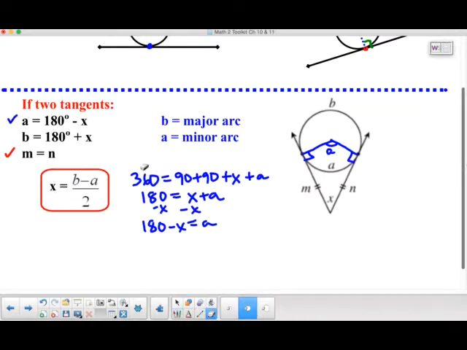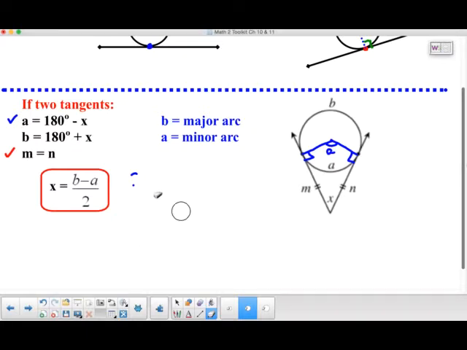So let's talk about the second one. Where does this whole idea of B equals 180 plus x come from? What we know is these two arcs, A and B together, must add up to be 360. So I'm going to write A plus B is 360. And as we know over here, A is 180 minus x.